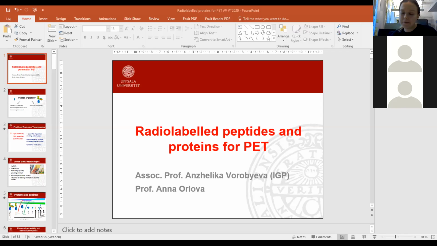Yes, the negative charge gives us lower background because there is no uptake in normal organs and tissues, or there is less uptake in normal organs and tissues. So less uptake in the liver, generally less uptake in the gastrointestinal tract. That's why negative charges are better.